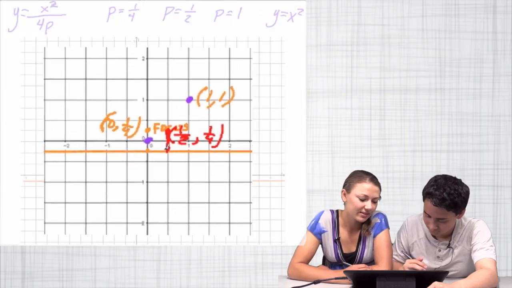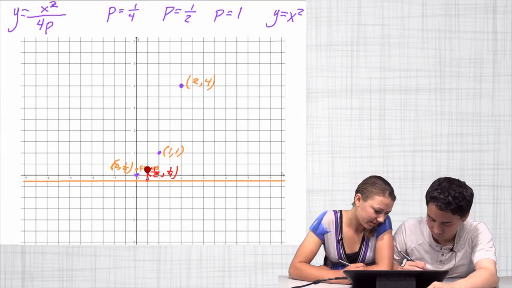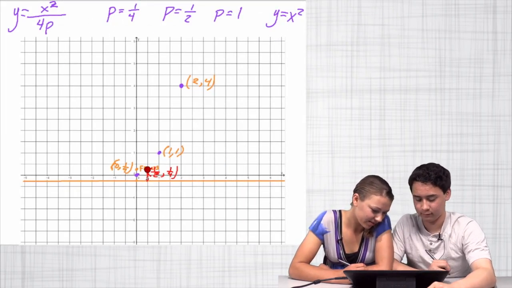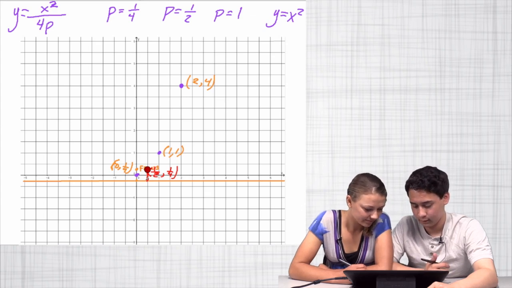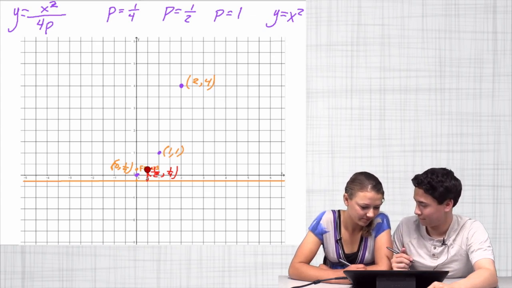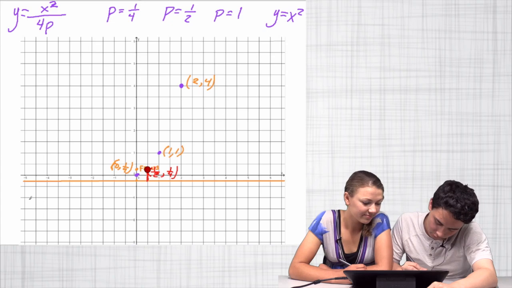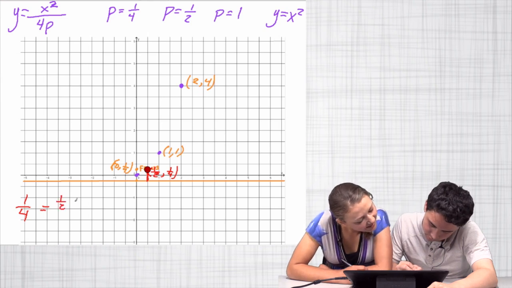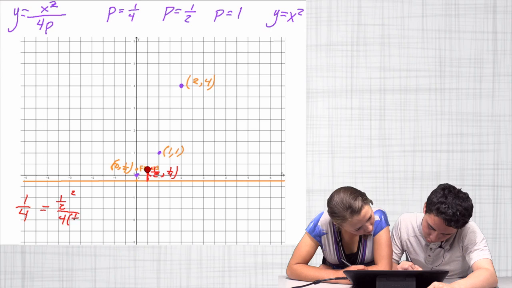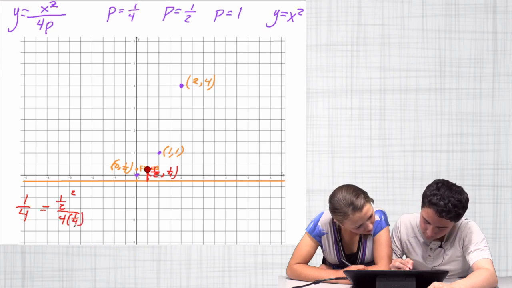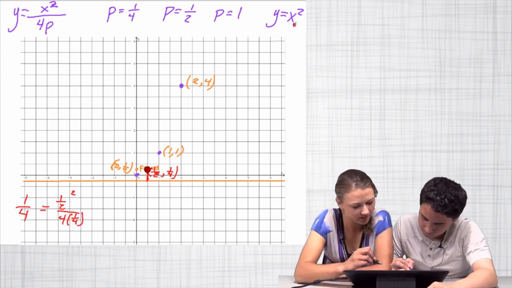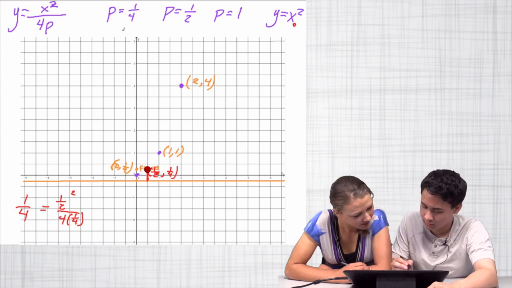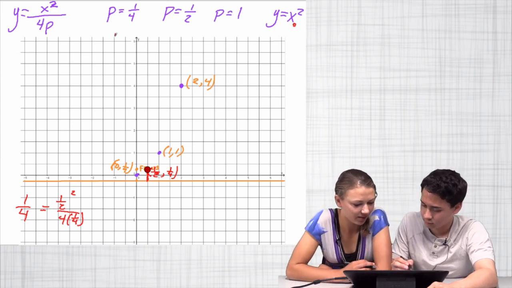Does it also fit into your equation? I temporarily relieved you of being able to use the equation y equals x squared. If you plug it in, will it work? Well, let's see. Plug in 1/2 for x. 1/4 equals 1/2 squared over 4 times 1/4.